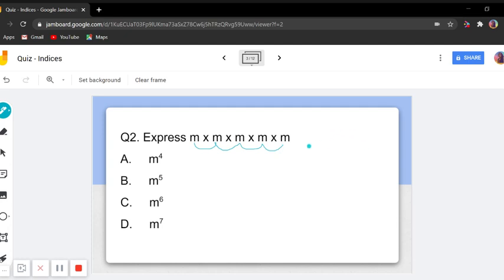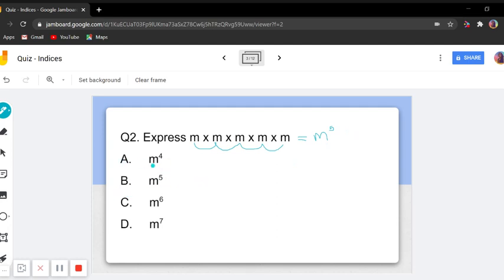So M is multiplied by itself 5 times. Let's write it here. The base here is M and the index is 5, because it is multiplied by itself 5 times. So let's check which one is the correct answer.